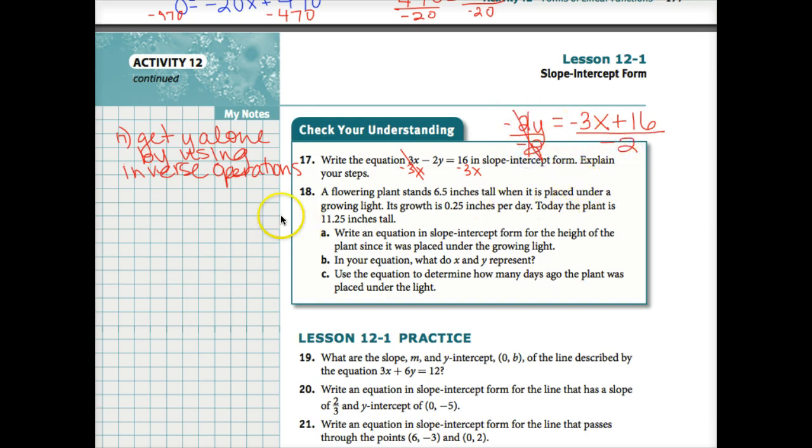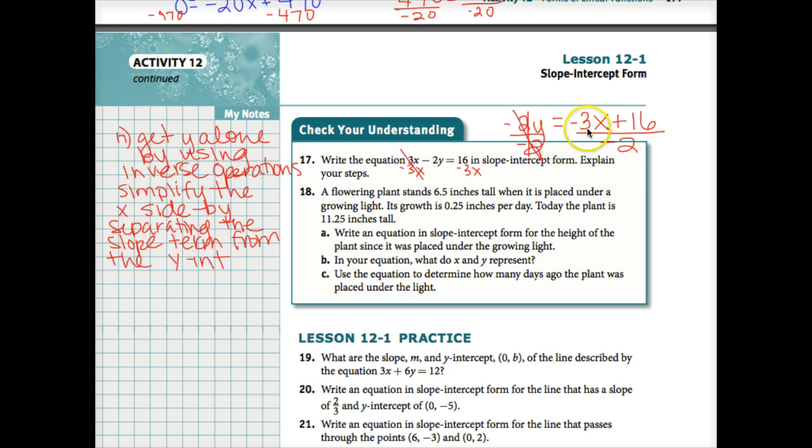Now, when I do that, the next thing I need to do is simplify the x side by separating the slope term from the y-intercept.